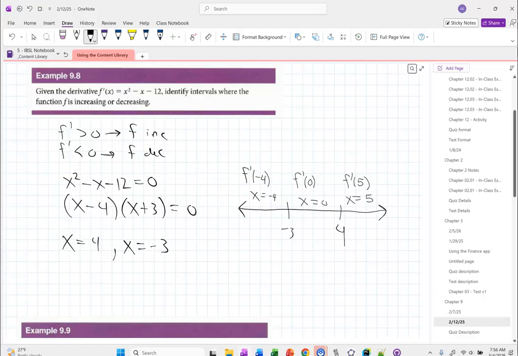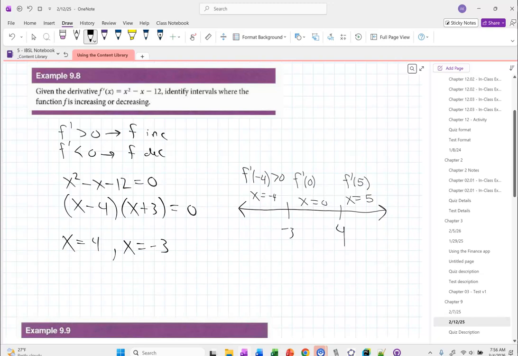So I'm going to do this in kind of a hand-wavy sort of way. I'm going to look at the factored form. When I plug negative 4 in, I get a negative times a negative, which means that f prime of negative 4 is positive, right? Negative times negative is positive.